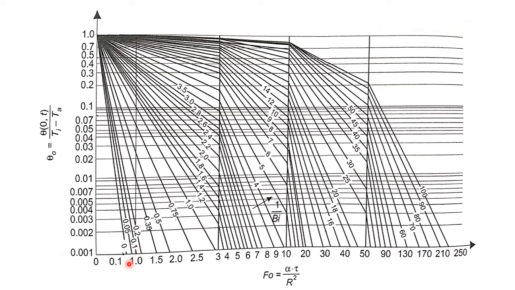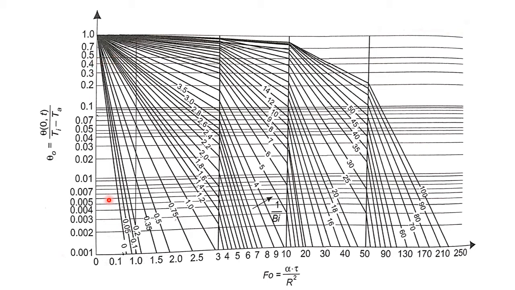Where the Fourier line and the 1 divided by Biot number line intersect, from that point I move horizontally towards the left to read the temperature directly on the graph.